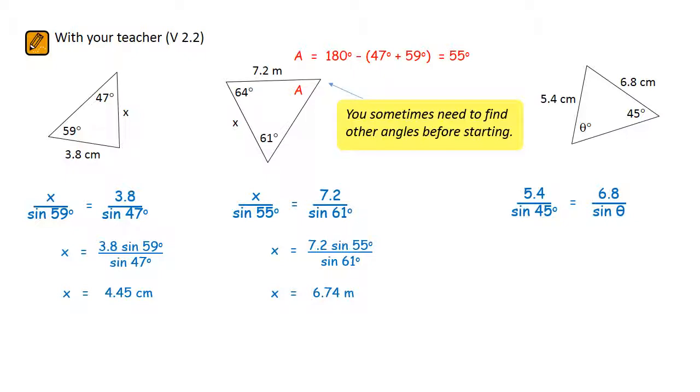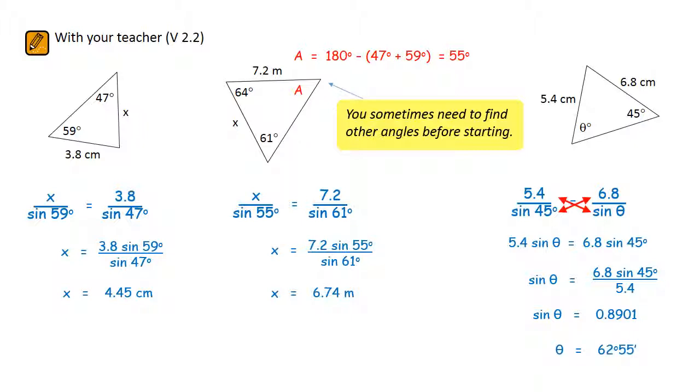If we cross multiply, we can say that 5.4 times the sine of theta equals 6.8 times the sine of 45. Divide both sides by 5.4, and then we can get out our calculator, find out what the sine of theta is, and then use the inverse sine to find our final value for theta. Have a go at doing some sine rule questions for yourself now.